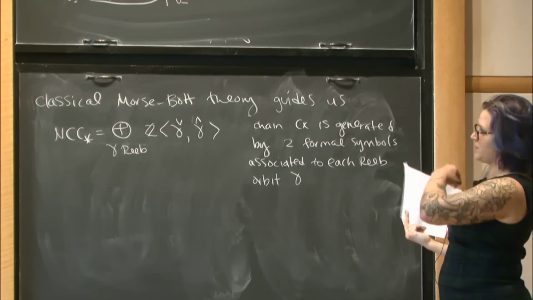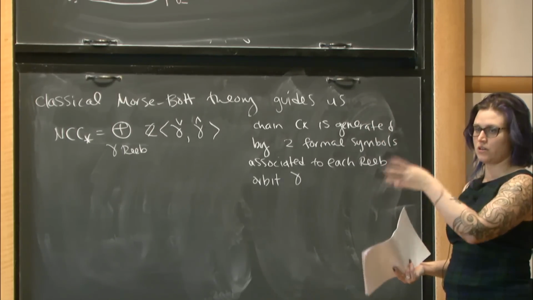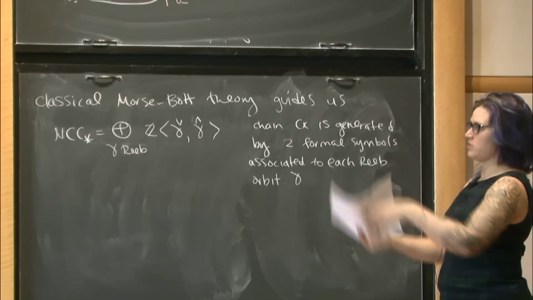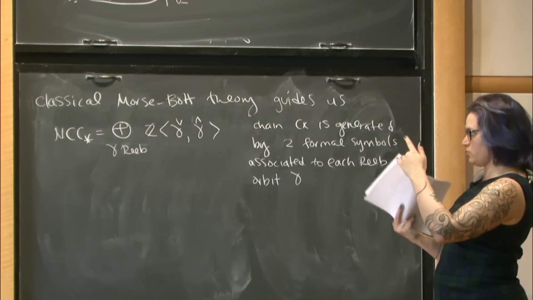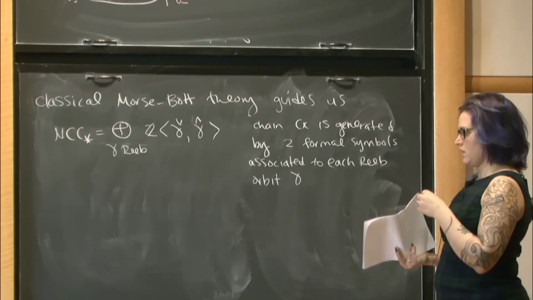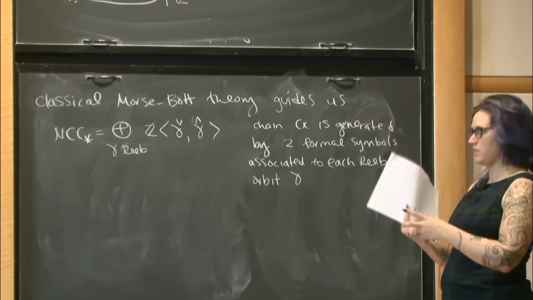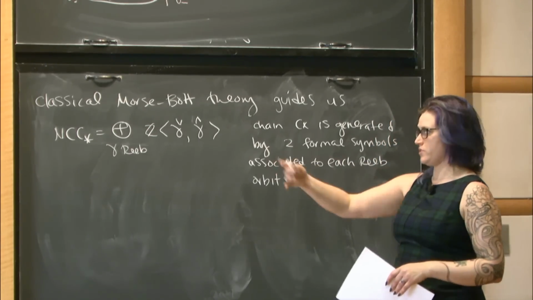If you think about what that says in Morse-Bott world, if your Bott manifolds are all circles and you put a height function on them, then to each of those degenerate circles, you'll get a minimum and a maximum, and those will be the generators for your theory. Formally, you can think of the minimum and the maximum becoming arbitrarily close together, and that will give rise from your degenerate circle to 2 formal symbols.